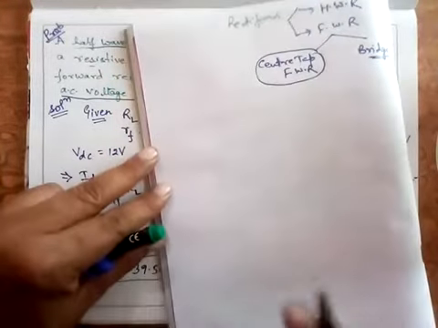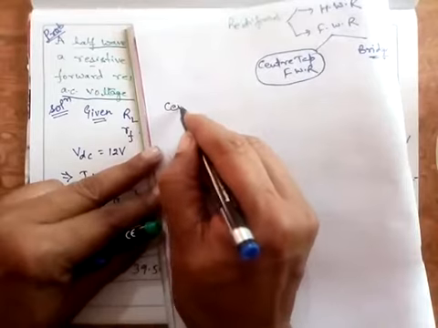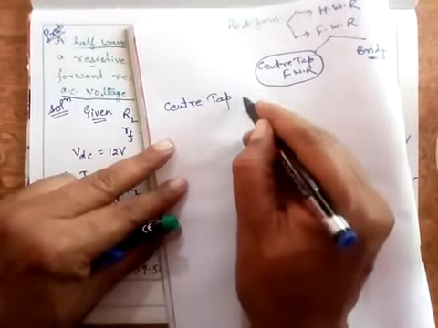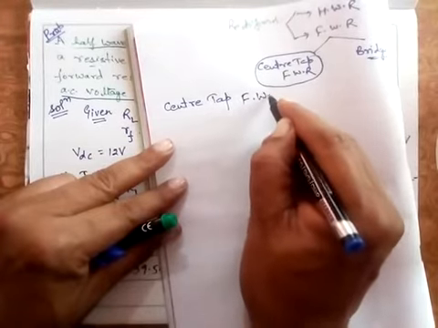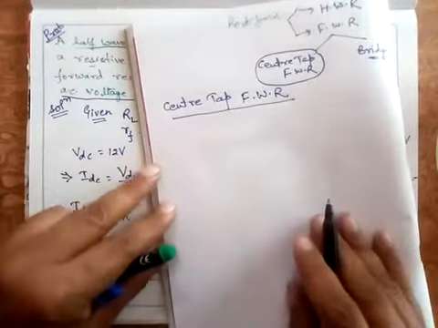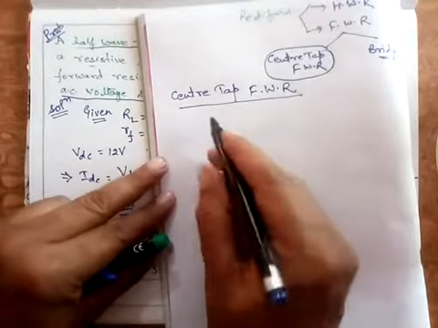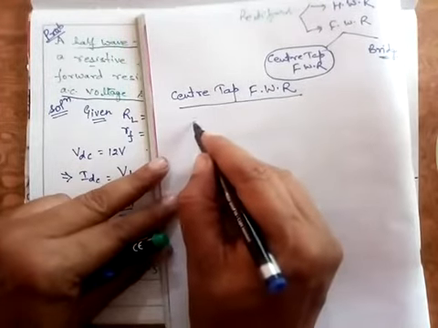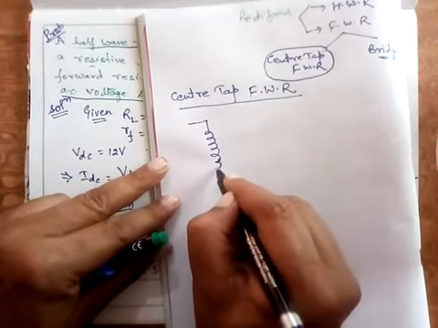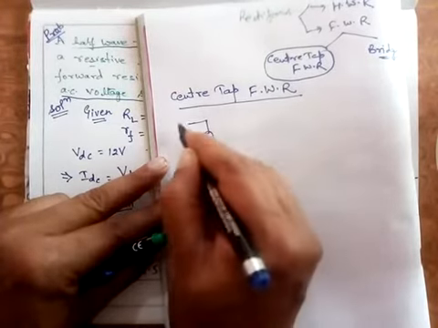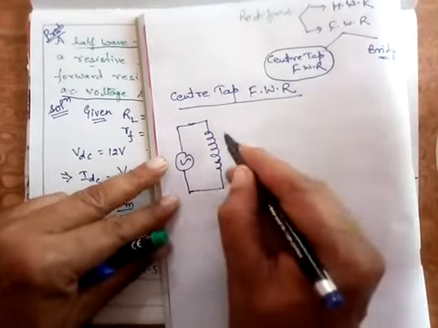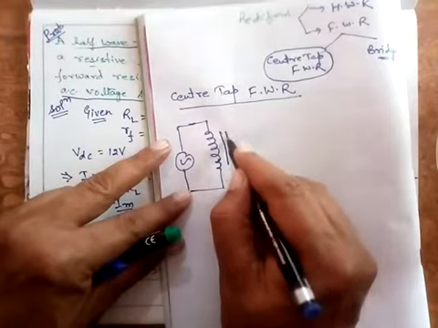I'm writing FWR, which stands for full wave rectifier. What do you mean by center tap full wave rectifier? Initially, let's just see the circuit. It uses a transformer first of all, where an AC signal is provided, either a step up or a step down transformer.